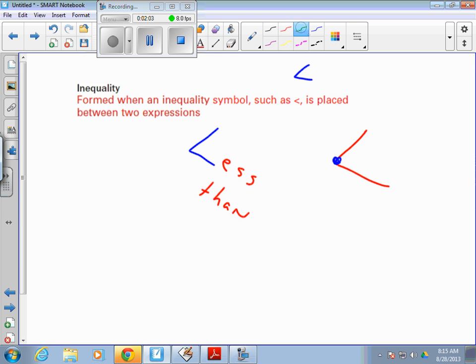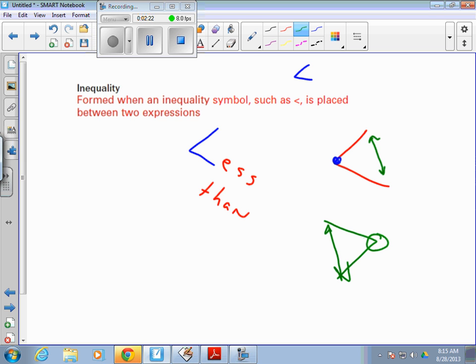Where the opening is larger, look how much larger the opening is here, that's where the number is larger. That's the bigger value on that side. So even if you were to turn this around and make it a greater than symbol, the point is still pointing to the smaller one, and the big opening is still the larger side. That would be a greater than symbol.